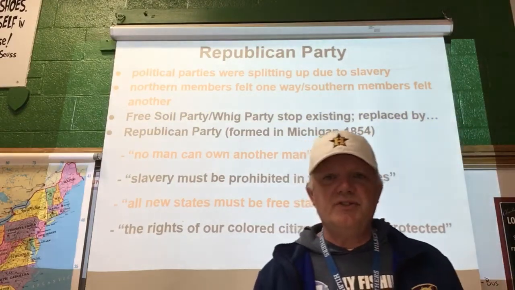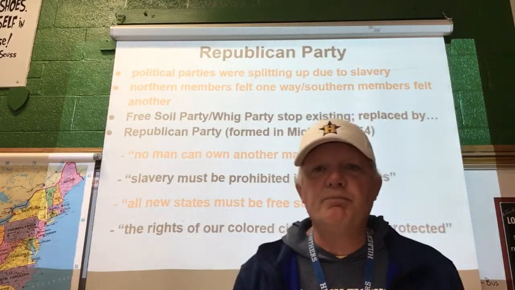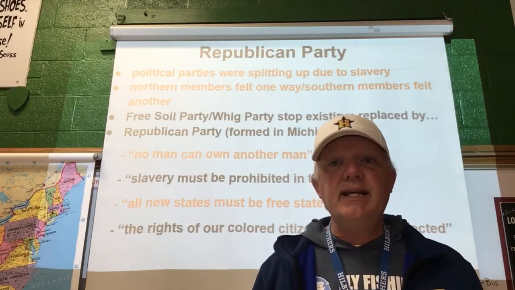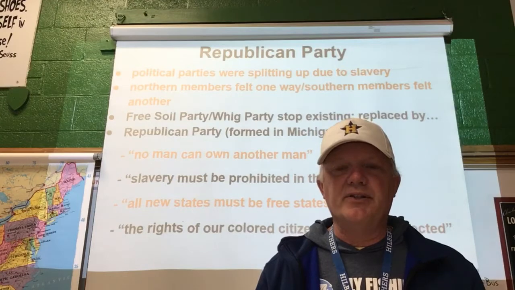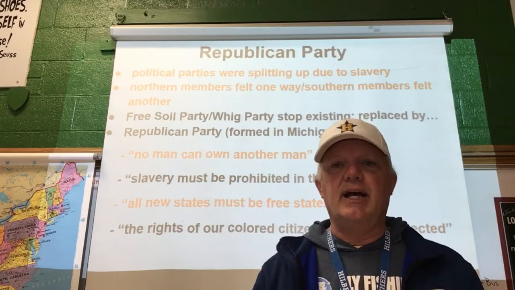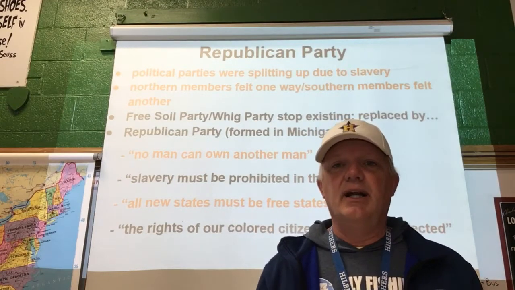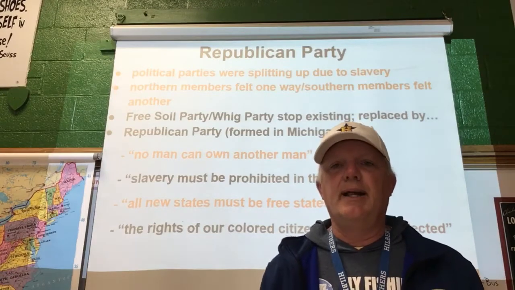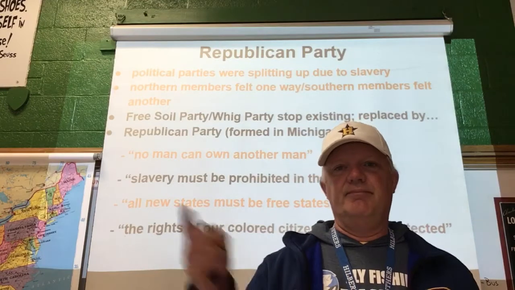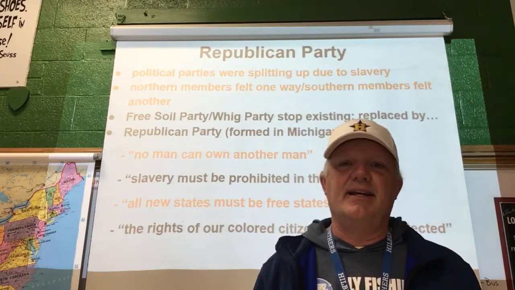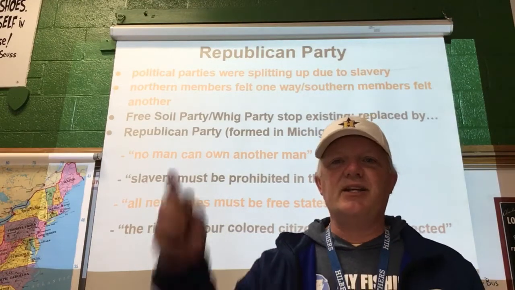With the issue of slavery, political parties were ending and new political parties were taking their place. Two political parties were going to end. The Free Soil Party, whose mantra was freedom in the territories.